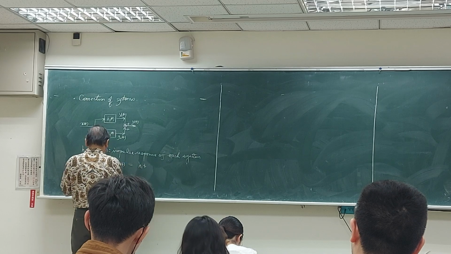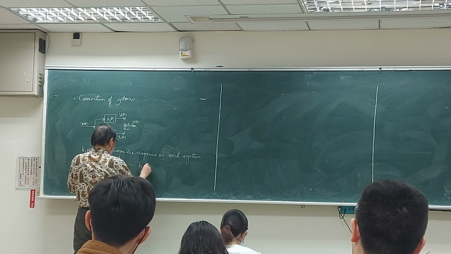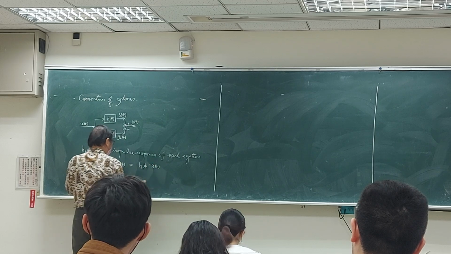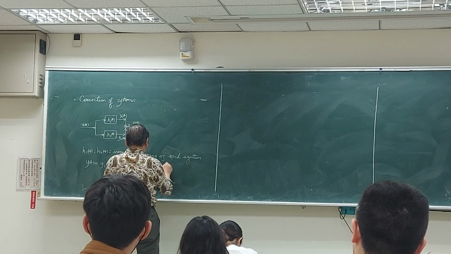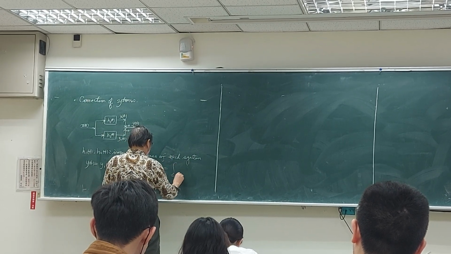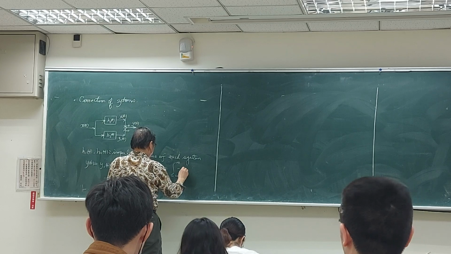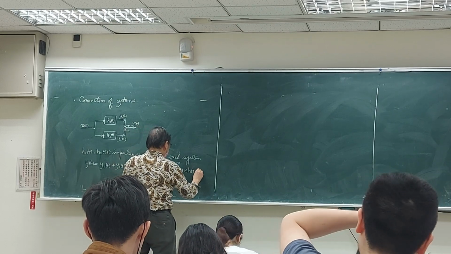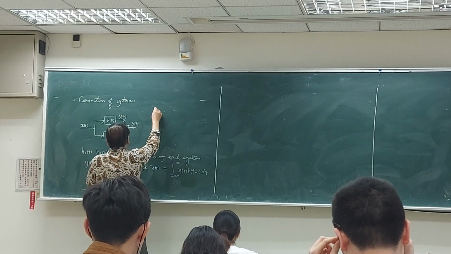H1 convolved with x of t. Okay, this is the definition just here: the integral from negative infinity to positive infinity of x of tau, h of t minus tau. Okay, let me write it up here.